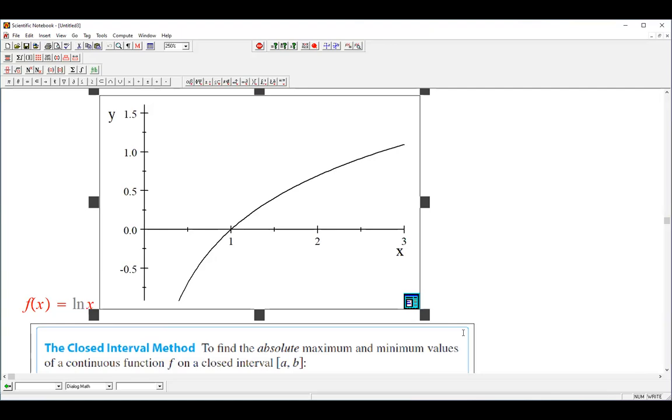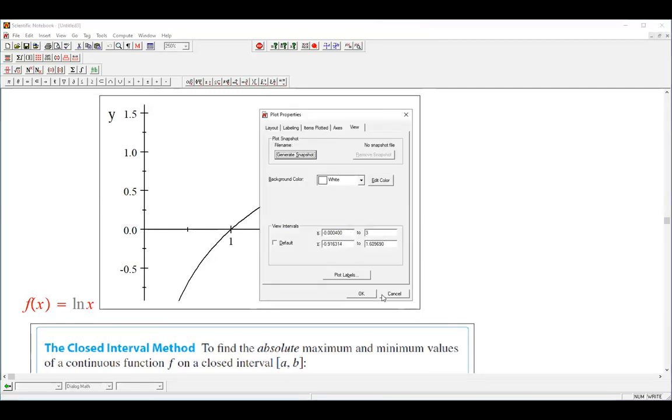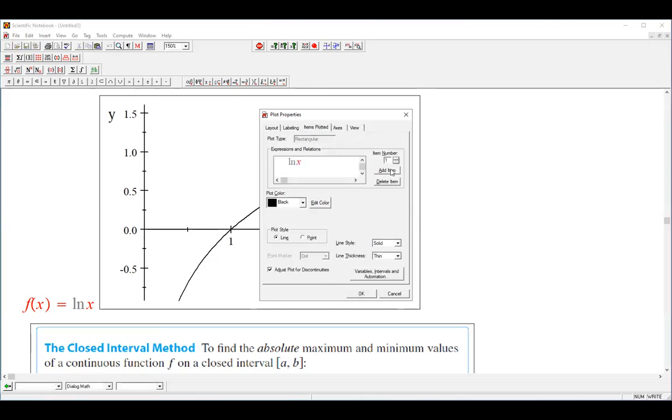Because at 2, the endpoint, which is ln 2, I put this dot.